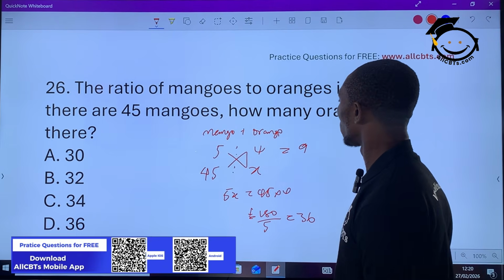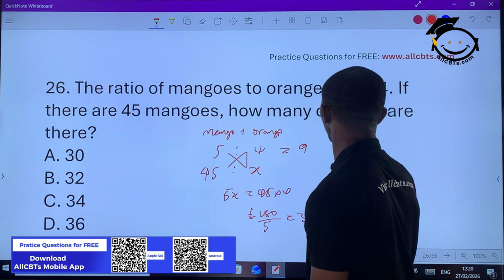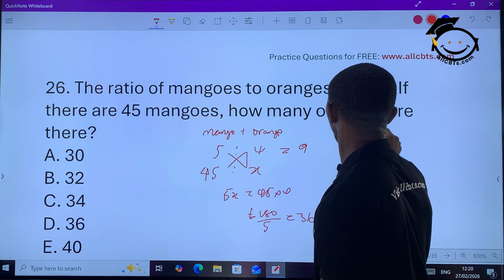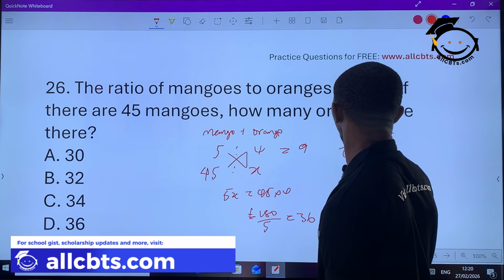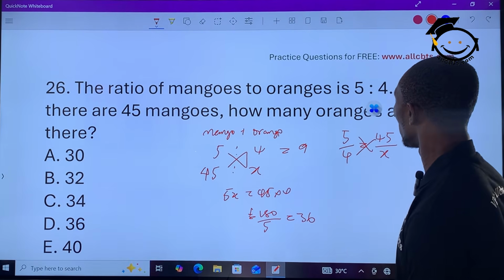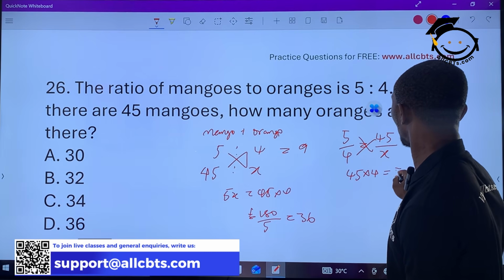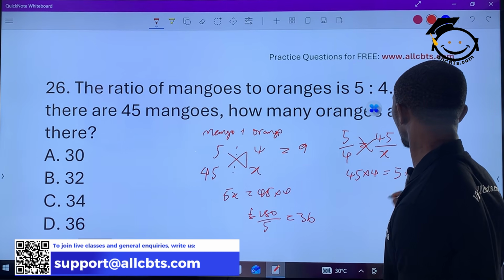All right, we had 5 shares of mango. We have 5 over 4 equals 45 over x. So we simply do what? Cross multiply, giving us 45 times 4 equals 5 times x.